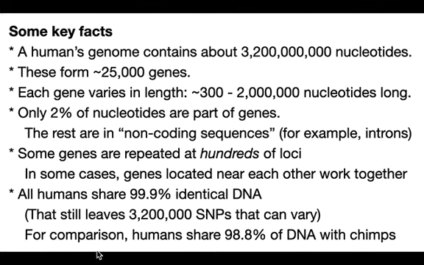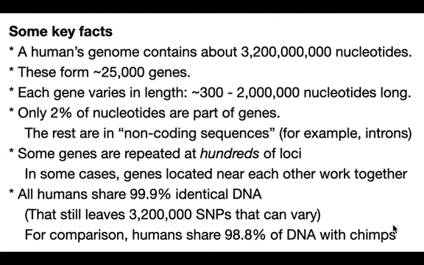So for comparison, by the way, if humans are 99.9% identical to all other humans, humans are 98.8% identical to chimps, right? So chimpanzees are a related species of primate with a relatively recent common ancestor to humans, probably about 3 million years ago. And chimps, bonobos, and gorillas all share quite a large percentage of their DNA with humans.